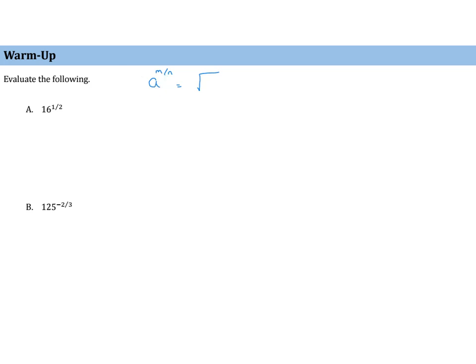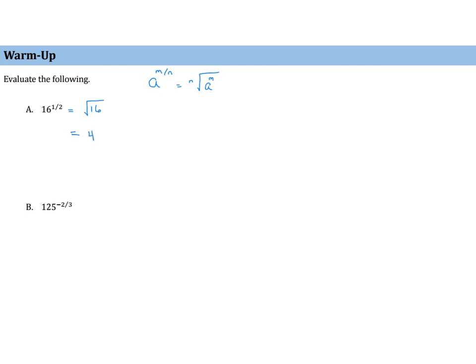So the denominator of this exponent is n, so our index of our radical is n, and we have the nth root of a to the m. So 16 to the 1/2 will be a square root of 16. Now, what's the index? It's 2. And with a radical, we do not write a 2 for an index. It's understood. So the square root of 16 is 4.